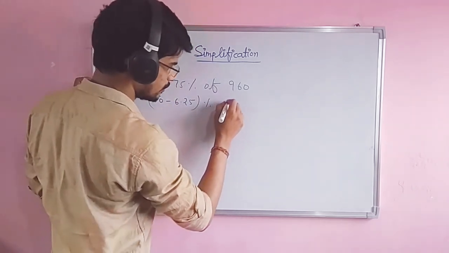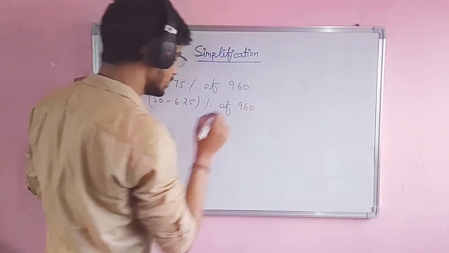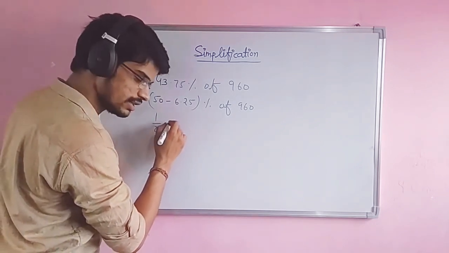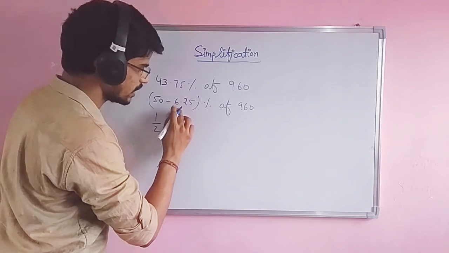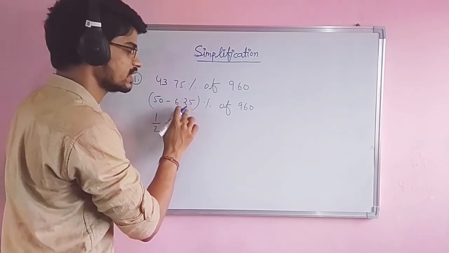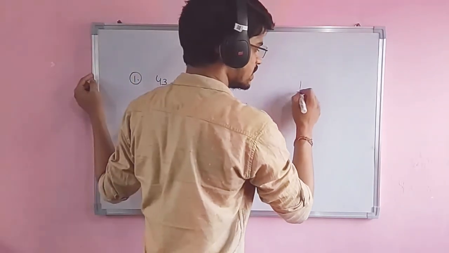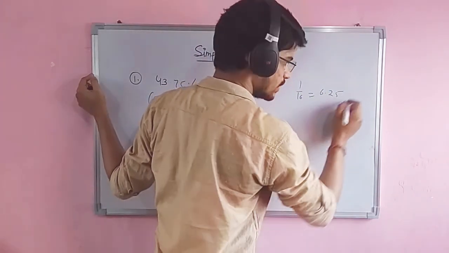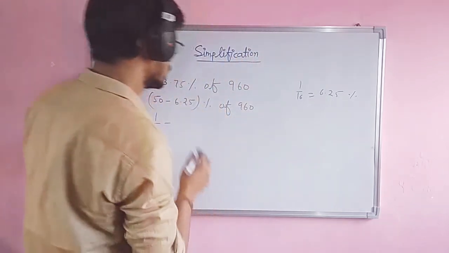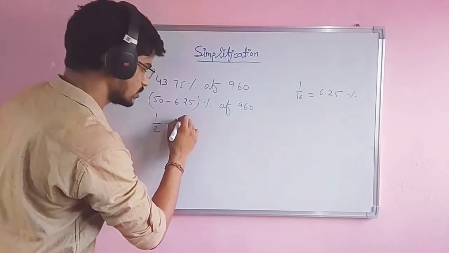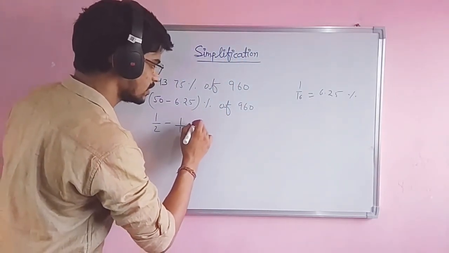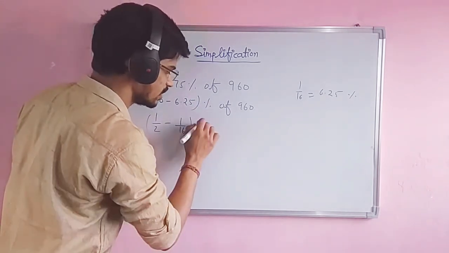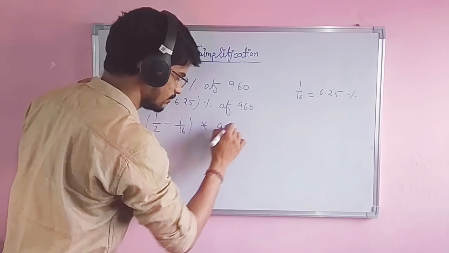Here 50% is equal to 1 by 2 minus the 6.25, which is equal to 1 by 16. 6.25 percentage is equal to 1 by 16 of what? Of means multiply by 960.